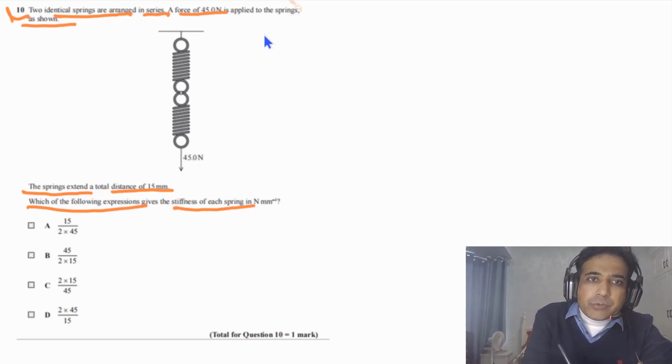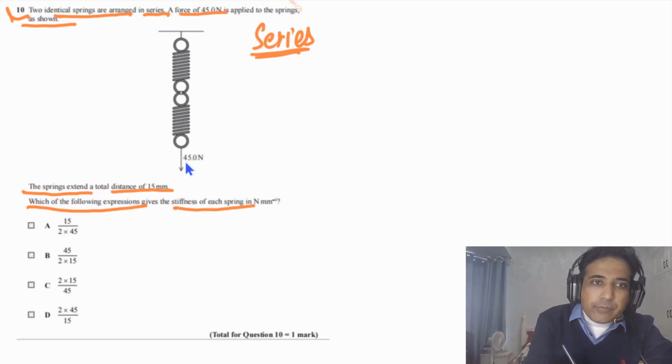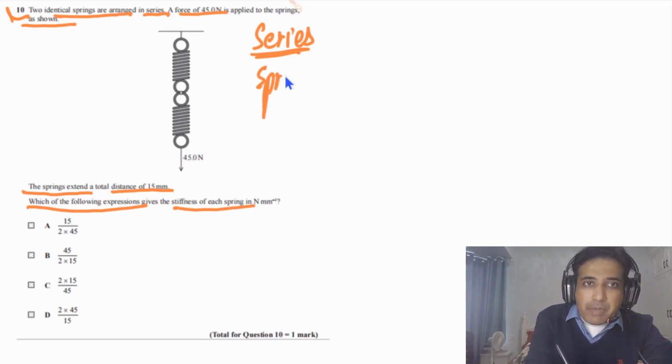For this one we need to understand that when springs are connected in series, the force on each spring is the same. It means 45 newton force is acting on this spring and 45 newton force is acting on this spring as well, because these springs are massless.